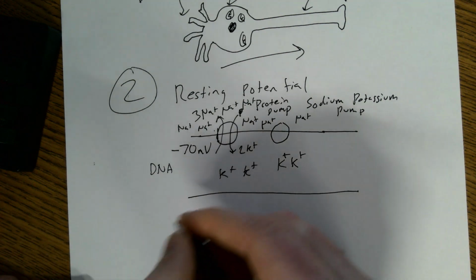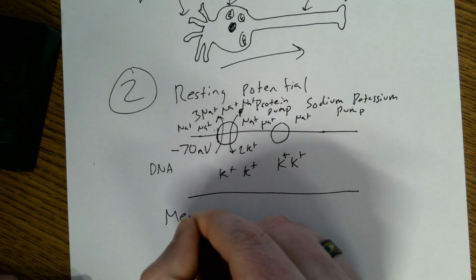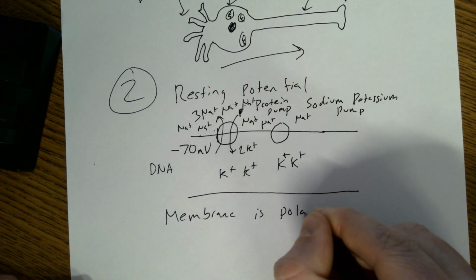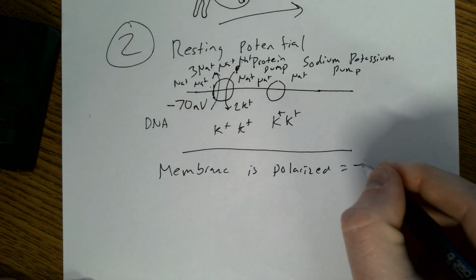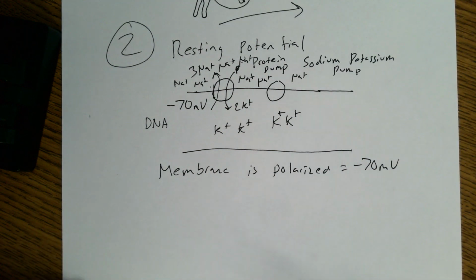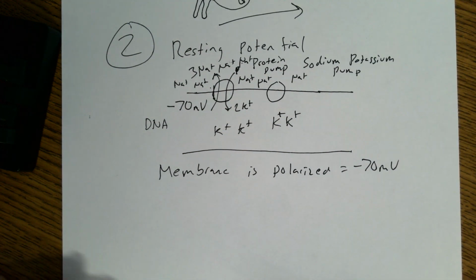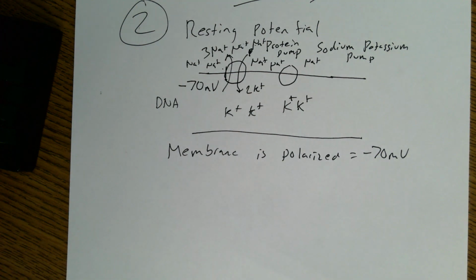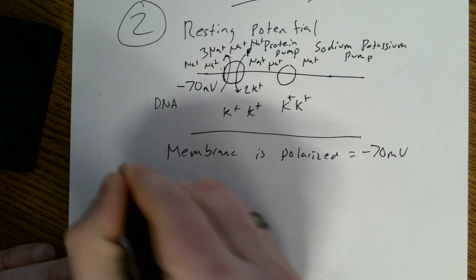We call this membrane polarization, so at resting potential, we say the membrane is polarized. For our class, polarized means it's negative, roughly negative 70 millivolts. That is because of the difference in positive charges and the permanent negative molecules inside the axon and inside the cell.